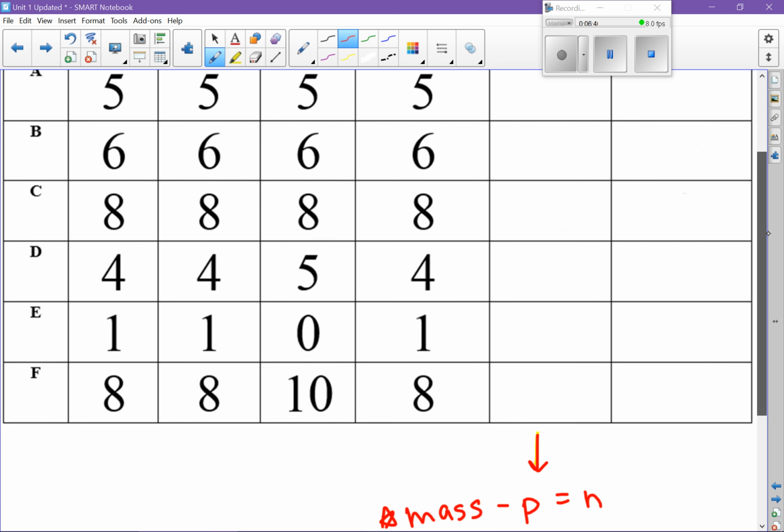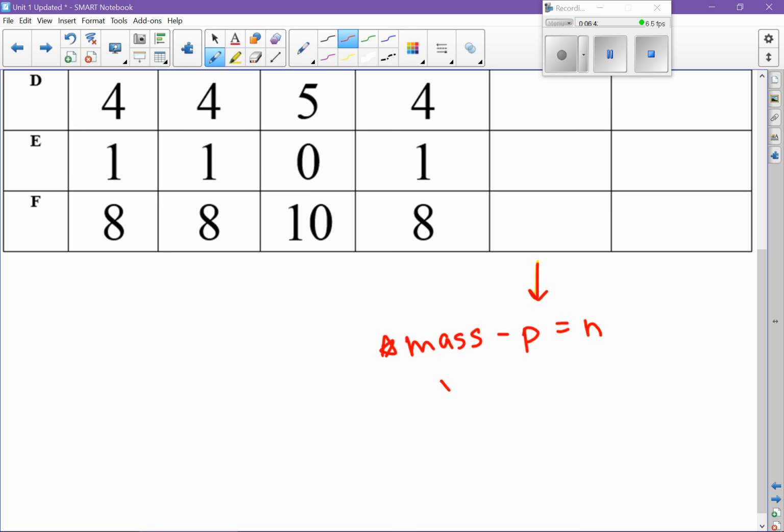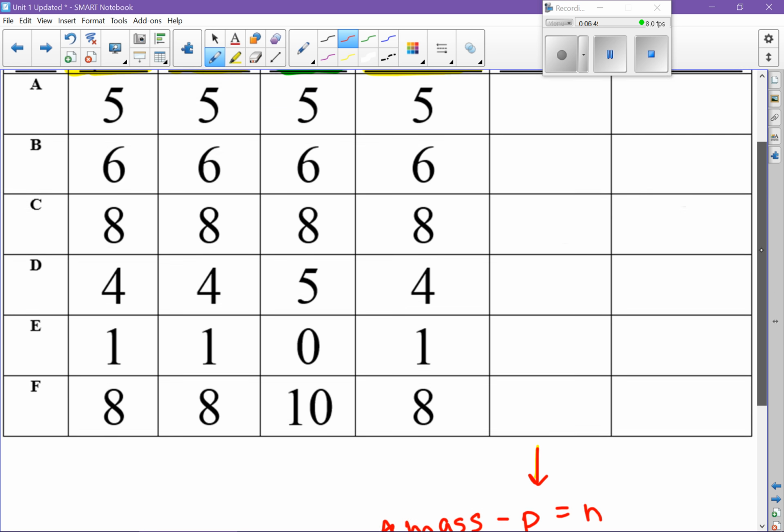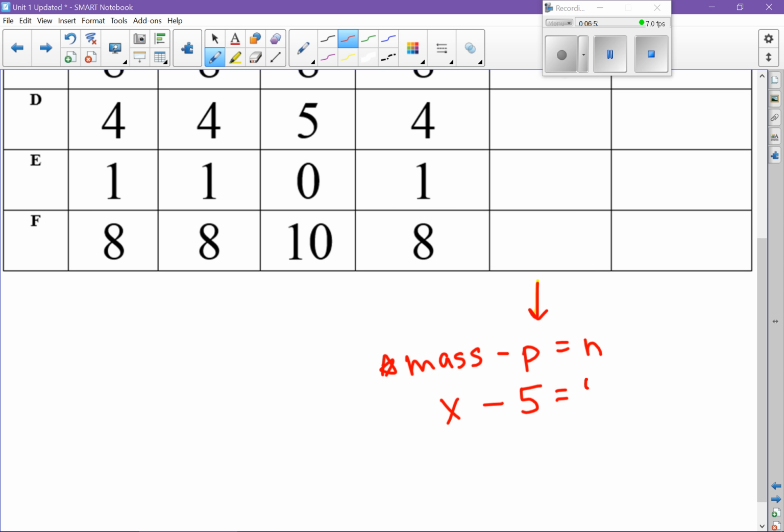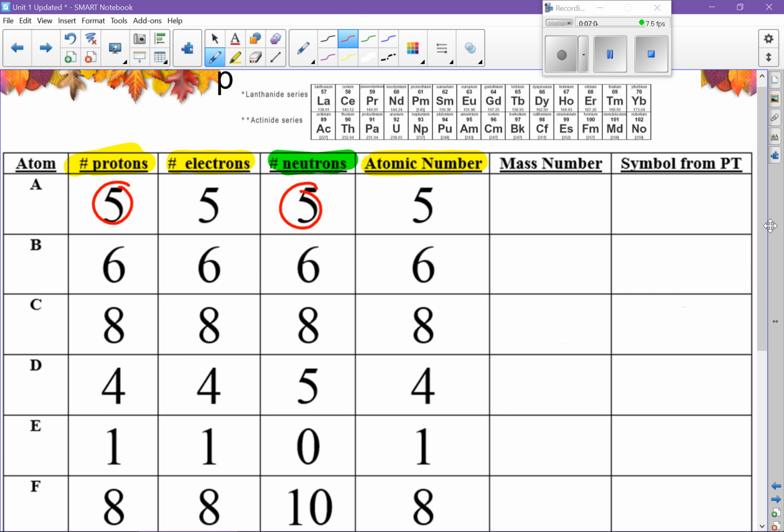If I look at the first atom, I don't know the mass, that becomes X. I do know the number of protons was 5, and the number of neutrons was also 5. So I used those numbers from my chart, and now you just have to solve for X. Add 5 on each side, X equals 10. So the mass number for this atom is 10.